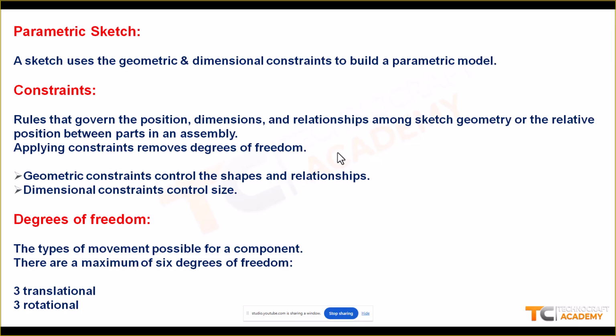The first 3 are the translation along x, y, z. Assume you take x, it can be in the positive x direction or negative; that is considered 1 degree of freedom. Similarly for y and z. Then there is the rotation about x, y, z, clockwise and anti-clockwise, considered as 1 degree of freedom each. So in total we have 6 degrees of freedom.